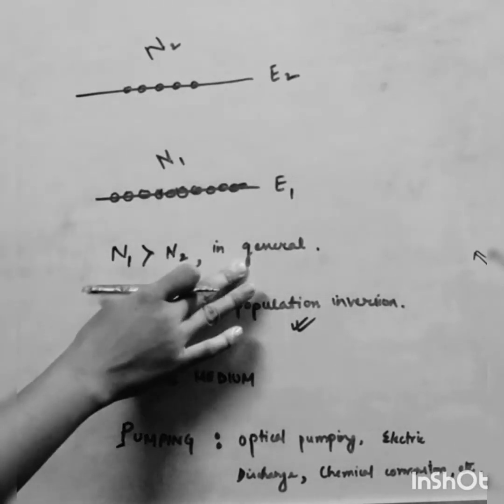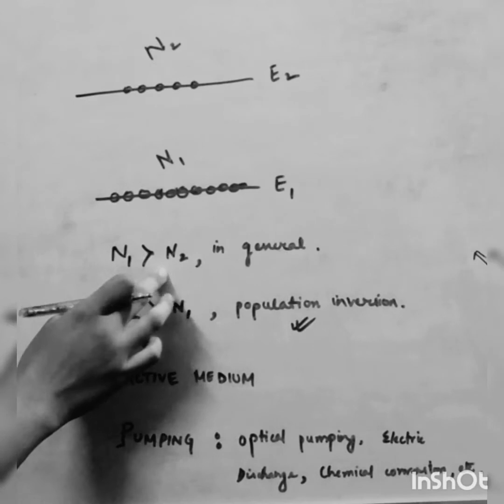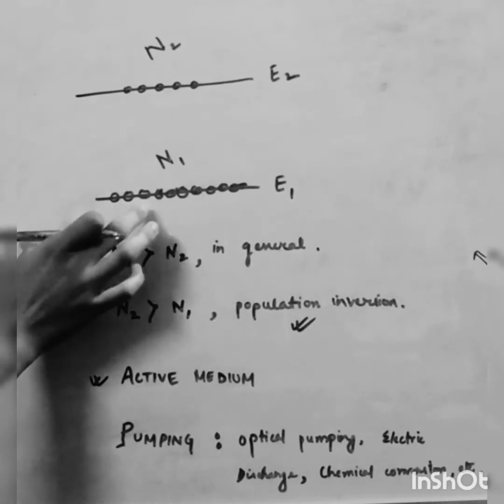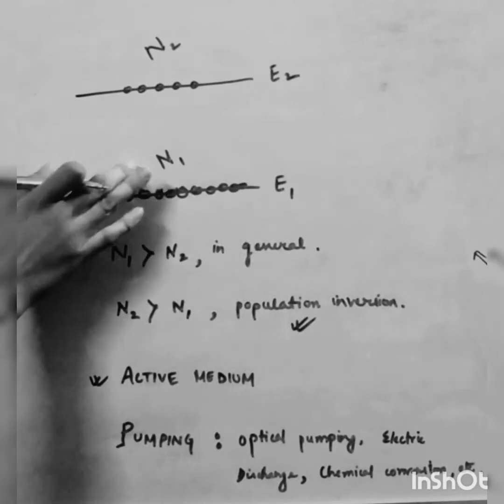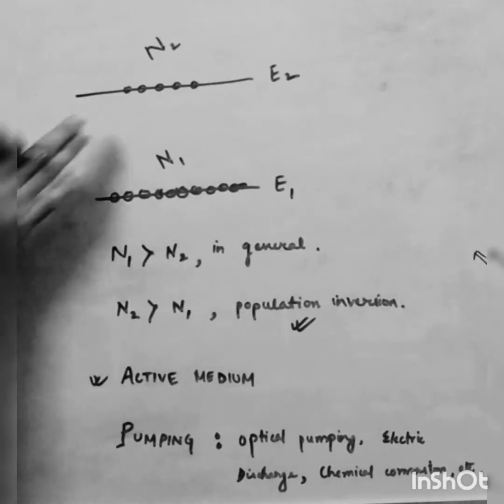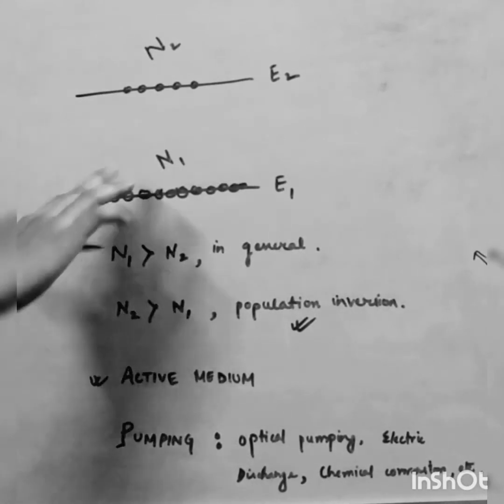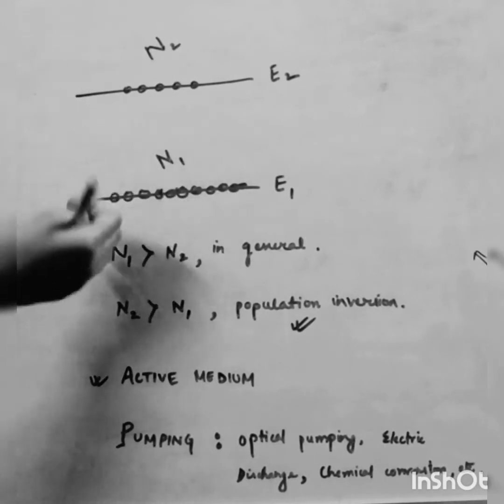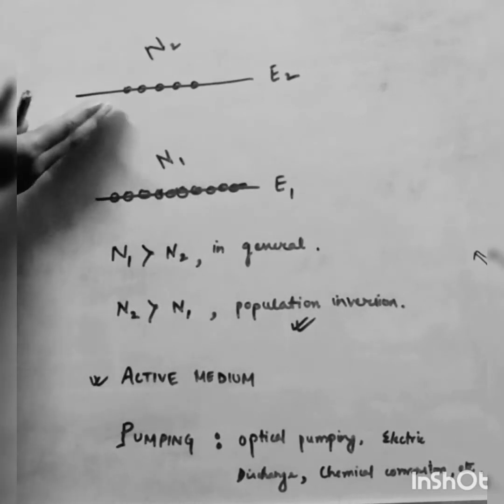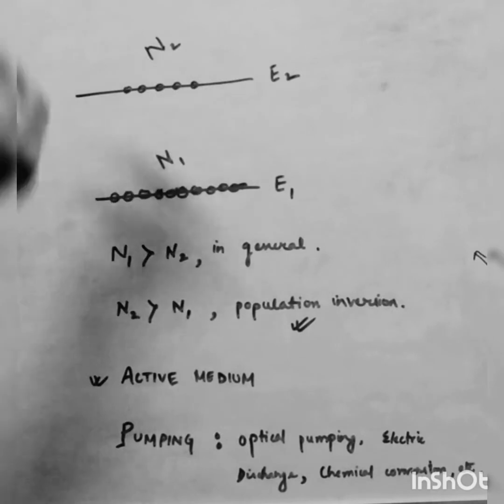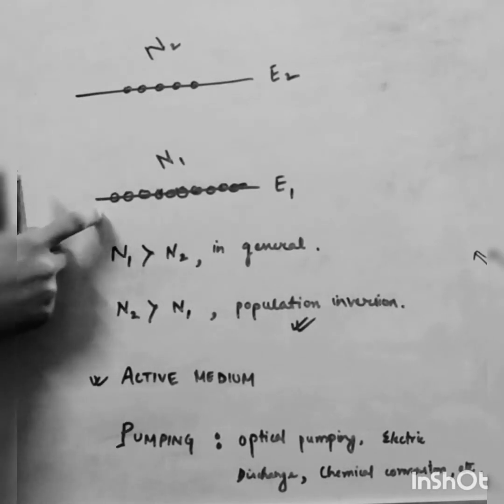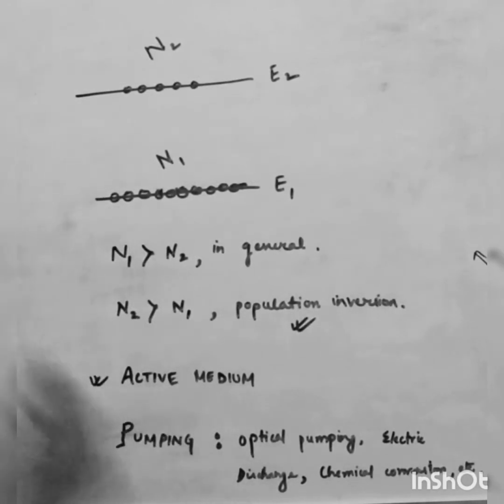Normally, in general, N1 is always greater than N2, that is, the number of particles in the ground state is always higher than the number of particles in the excited state. But there are some processes through which we can invert it. What we can do is make the population at the upper excited state more than the population in the lower state. There are some processes through which we can do it artificially.